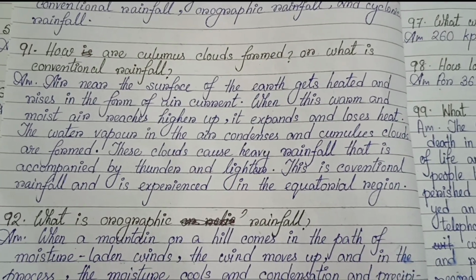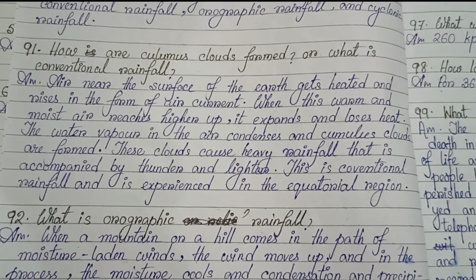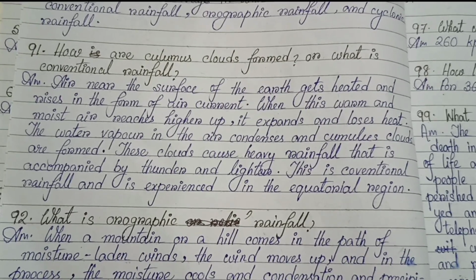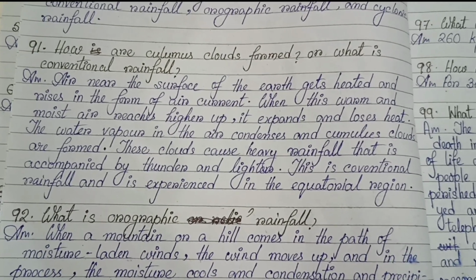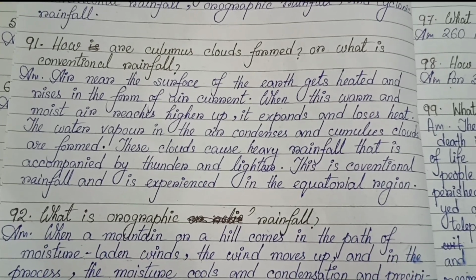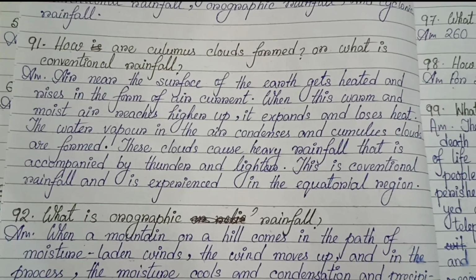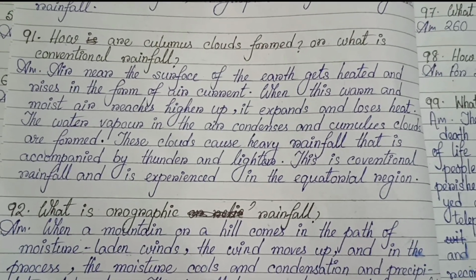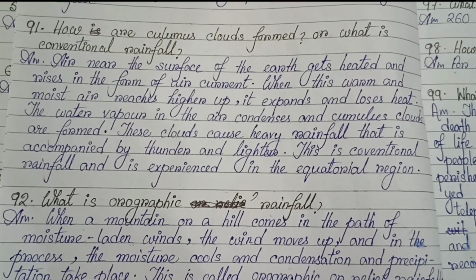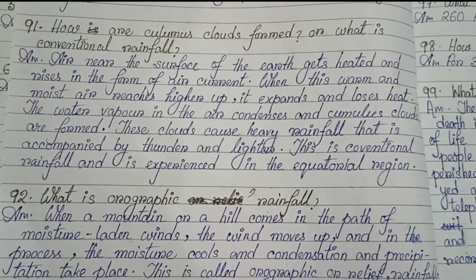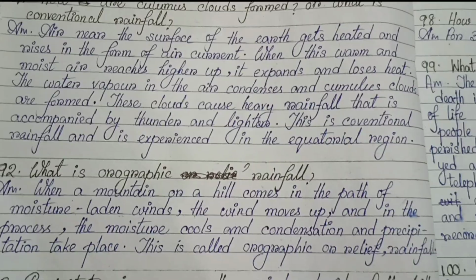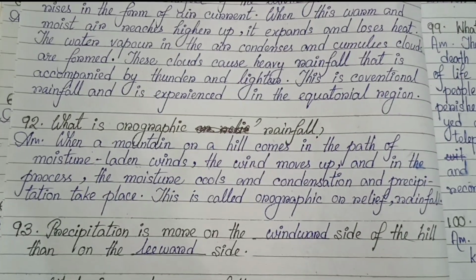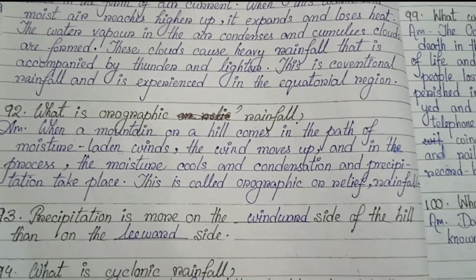Air near the surface of the earth gets heated and rises in the form of air currents. When this warm and moist air reaches higher up, it expands and loses heat. The water vapor in the air condenses and cumulus clouds are formed. These clouds cause heavy rainfall that is accompanied by thunder and lightning. This is convectional rainfall and is experienced in the equatorial region.